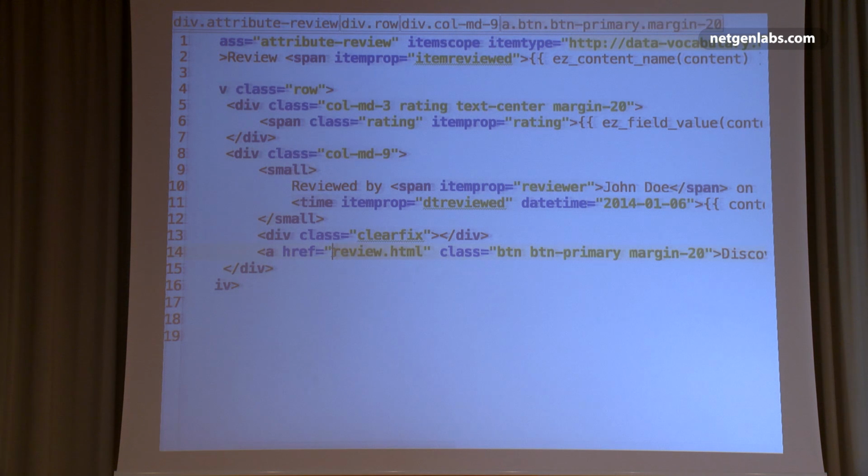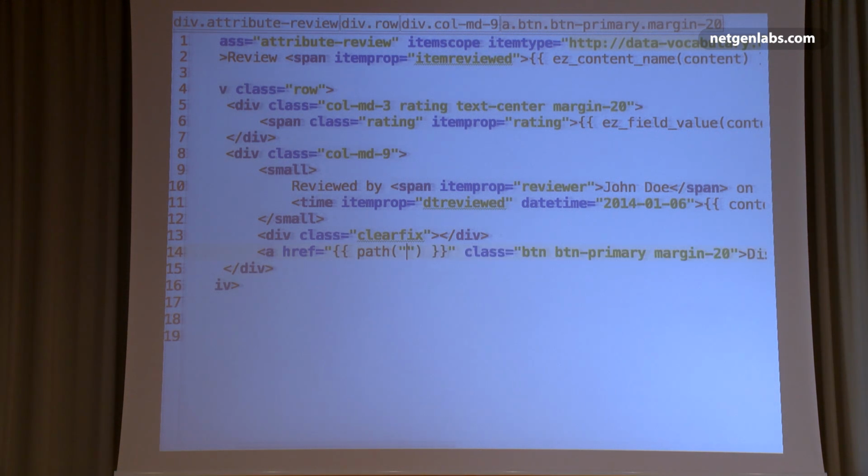And here we need to link to the review as well. So this is nothing new, what we already did before, so this is why I'm going a bit faster with that. If you want me to slow down a bit, just say it. So again, the path.